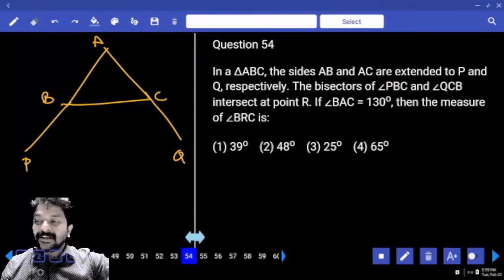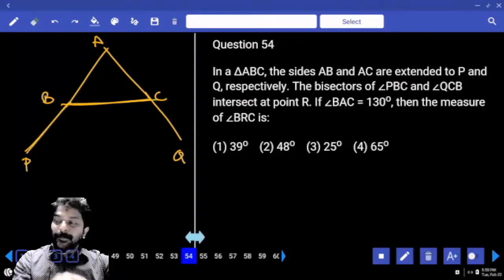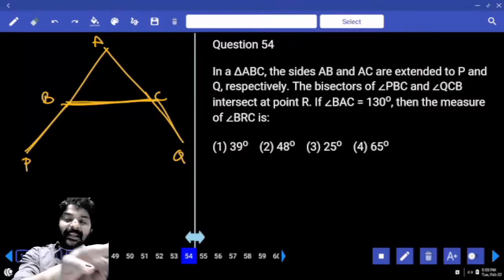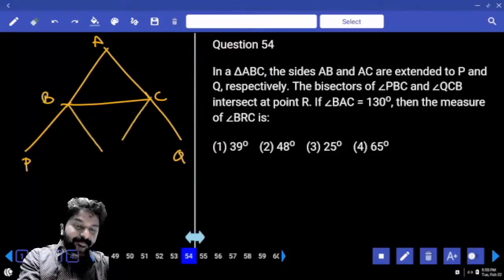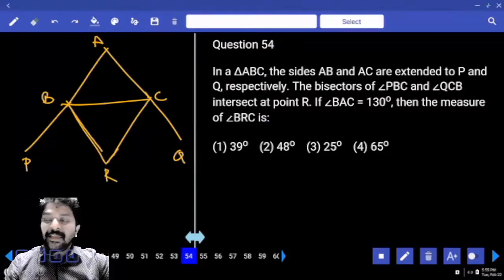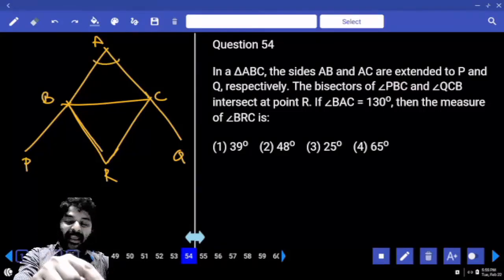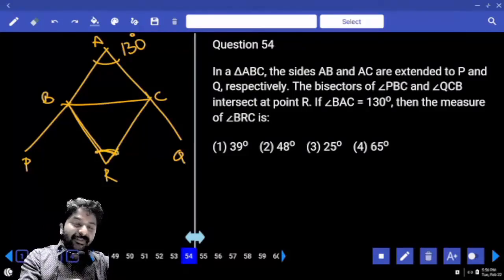The bisectors of angle PBC and angle QCB intersect at point R. If angle BAC is 130 degrees, then what is the measure of angle BRC?